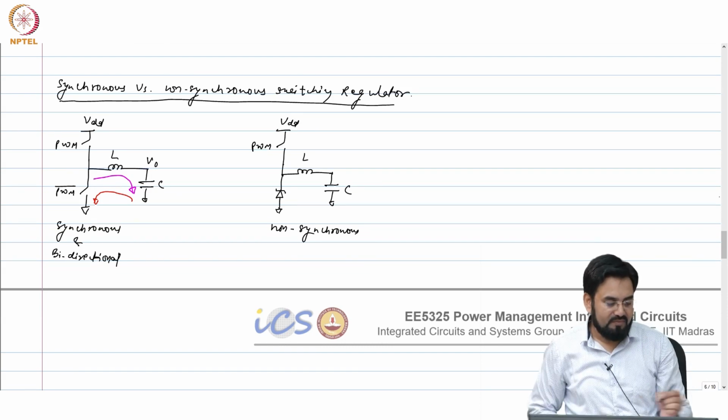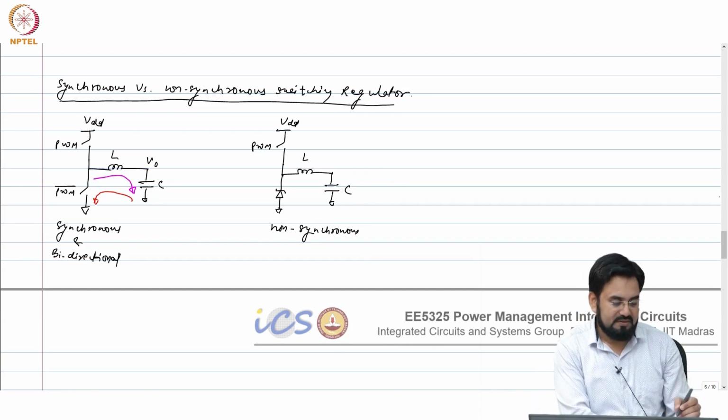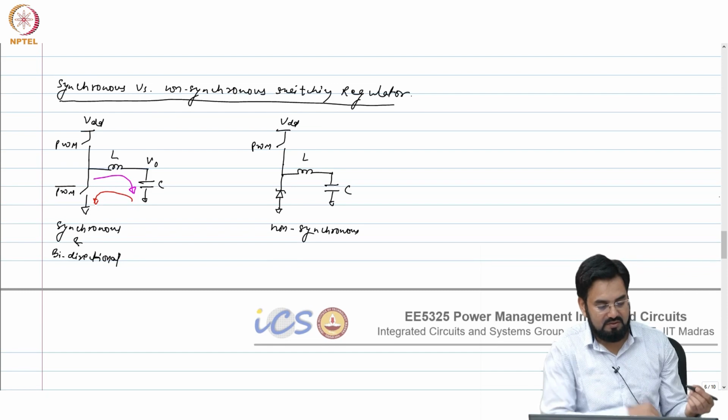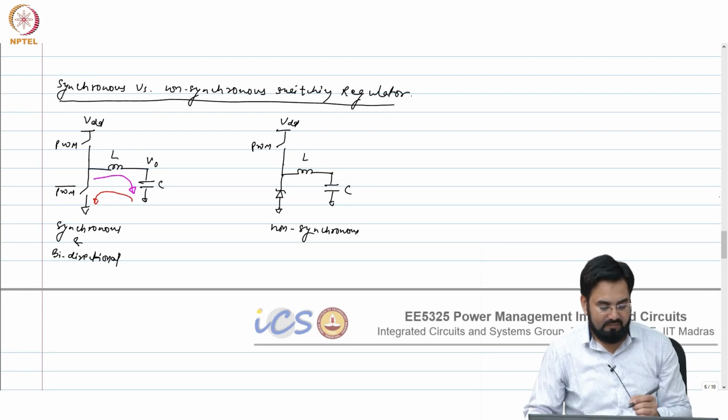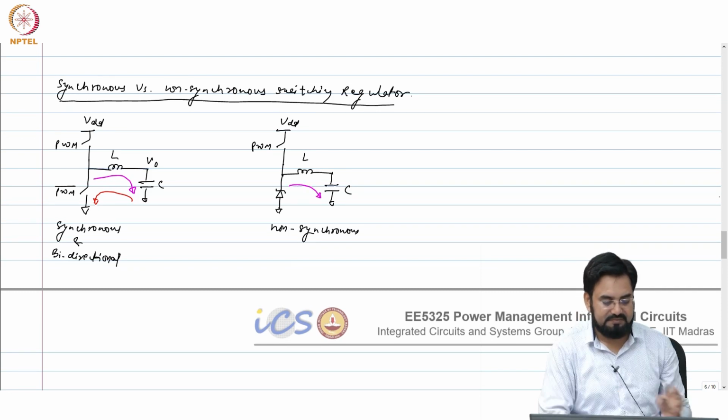Anyway, current can go from V out to ground and VDD, as well as VDD and ground to V out. In this case, current will only flow in one direction.